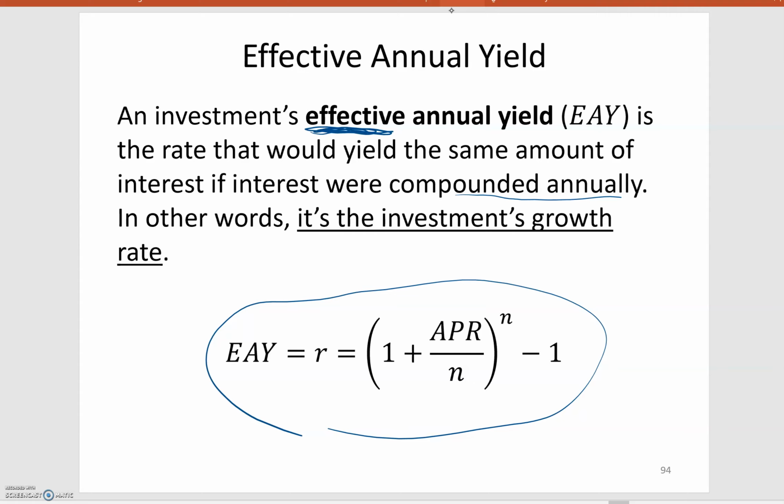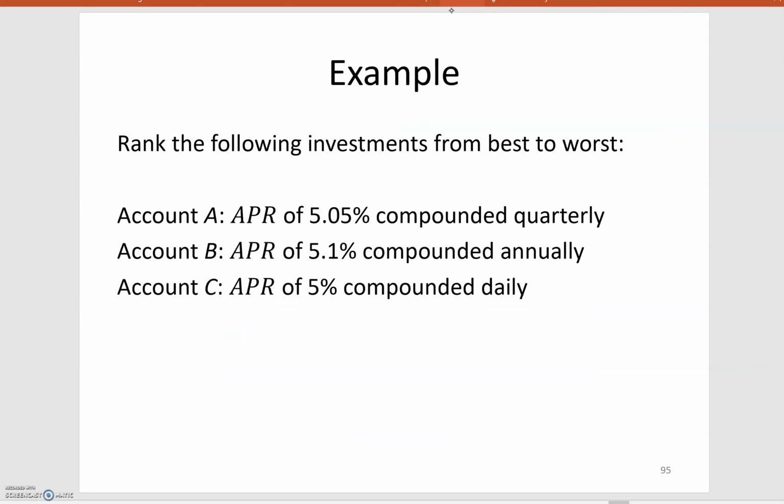So basically what this is saying is, hey, can you take that 7% compounded every 15 days or every month or whatever, and figure out what an equivalent one-time annual interest rate would be that you would just do once per year, like we used to do in previous sections. Okay. So that's what we mean by effective annual yield. And it gives you basically a way to measure things.